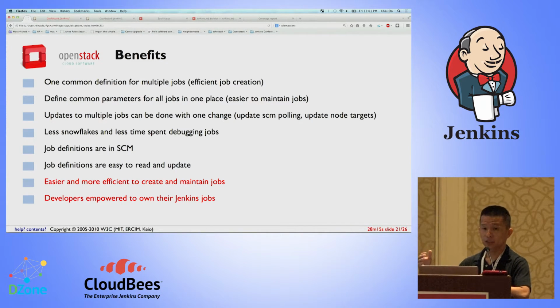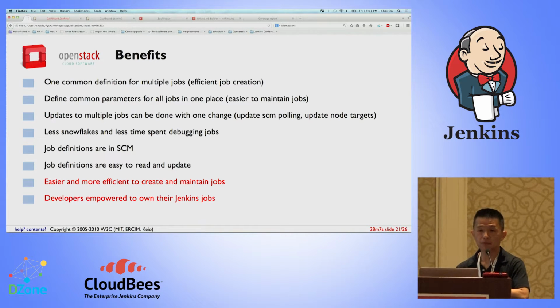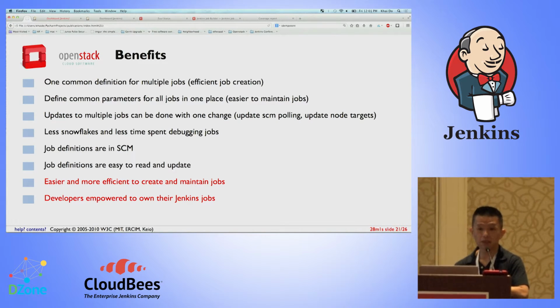And in those 10 Jenkins jobs, you want to change the polling time for your SCM or something like that. You don't have to go into 10 different files to change that. You can change it just in one file, and it gets propagated to 10 jobs. And those jobs just get regenerated in Jenkins with JJB. So then you just save yourself the trouble of having to do it again and again.